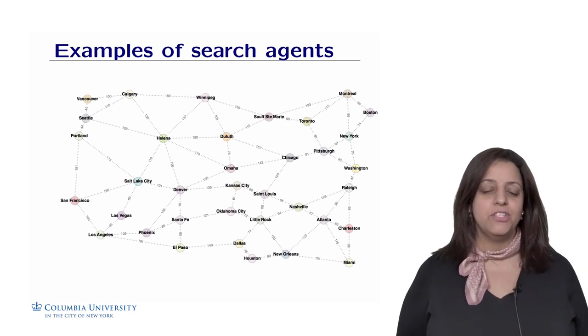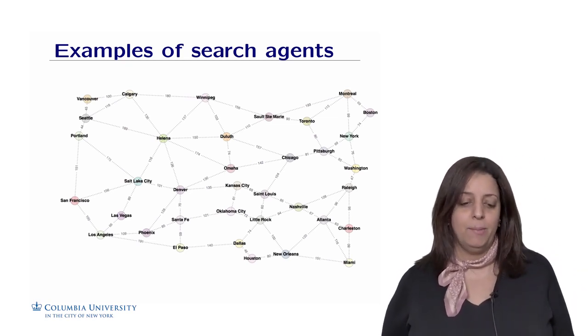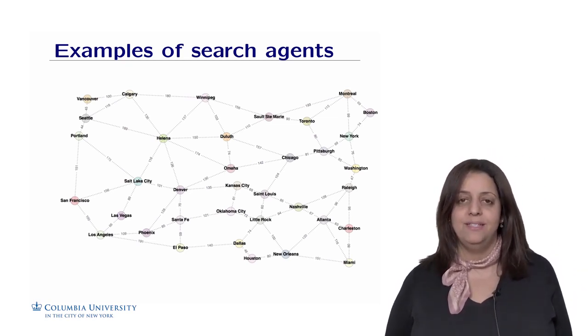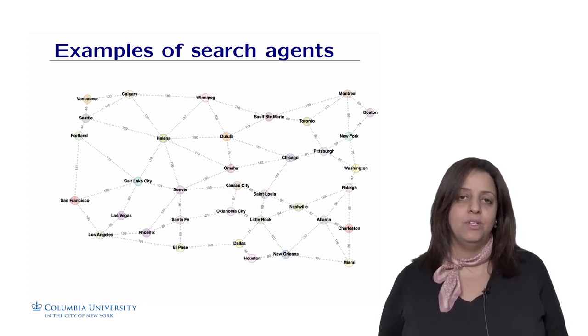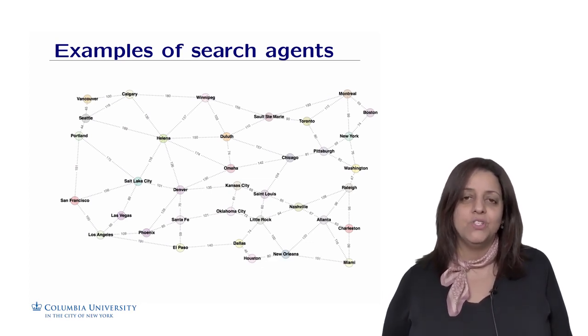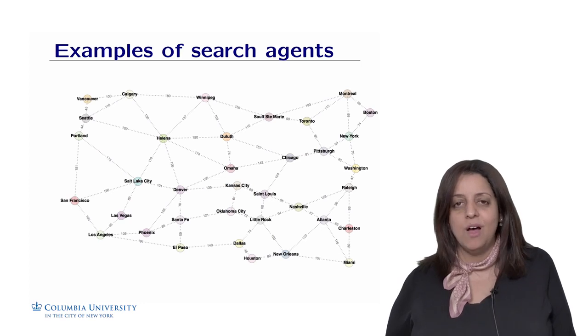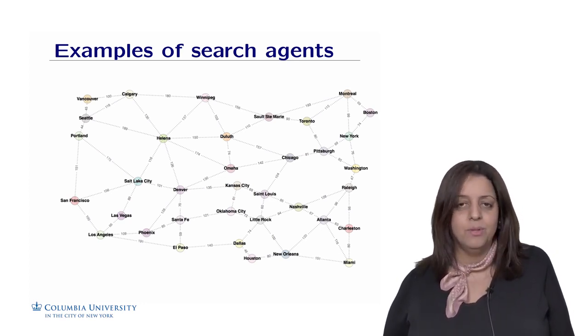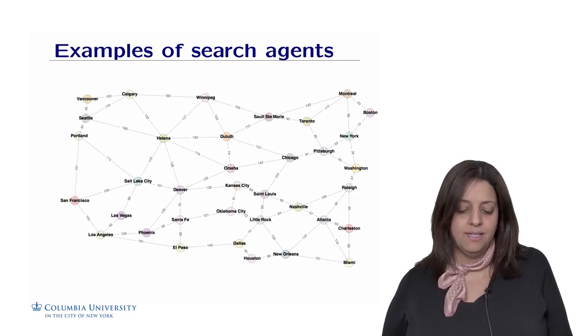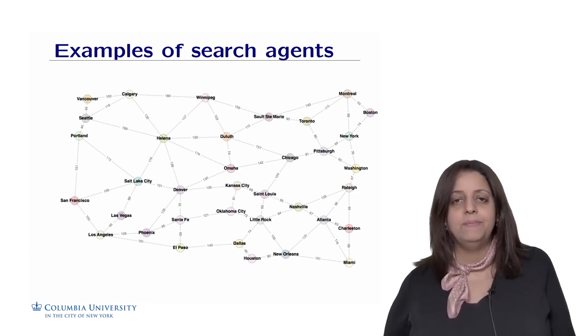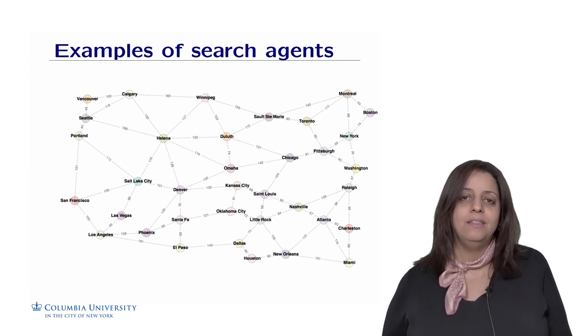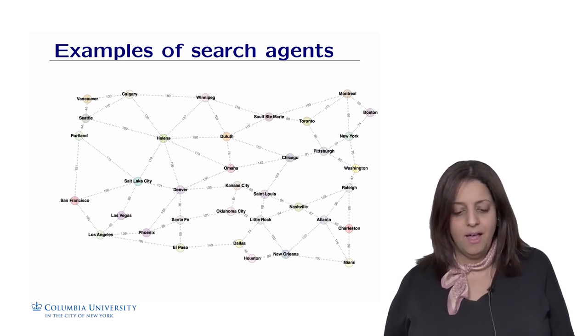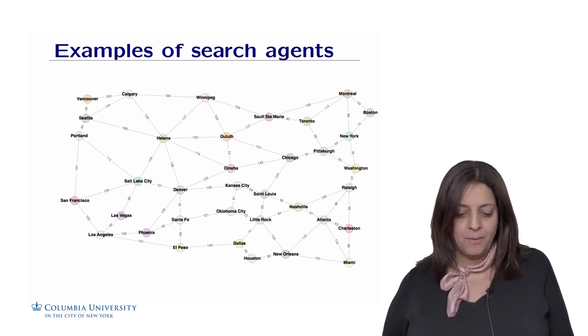A typical application of search agents is routing problems. So suppose we have a map on which we have cities, and you want to go from one city to another one. You need to use a search agent that helps you find your route or your way going from one city to another. This is an example of North American cities that is inspired by the example of Romania in the book from Russell and Norvig. We picked North America in our case.